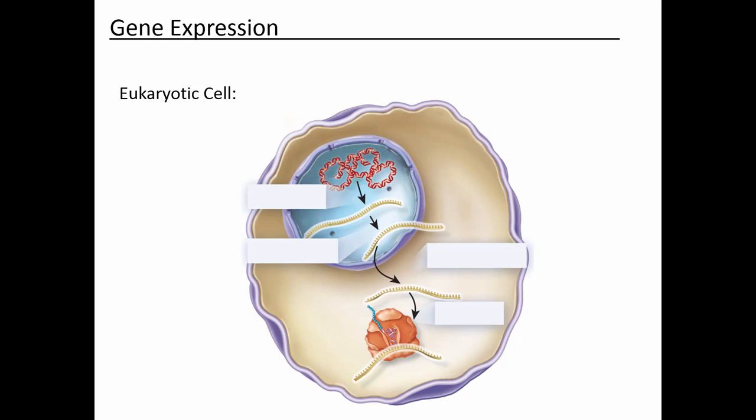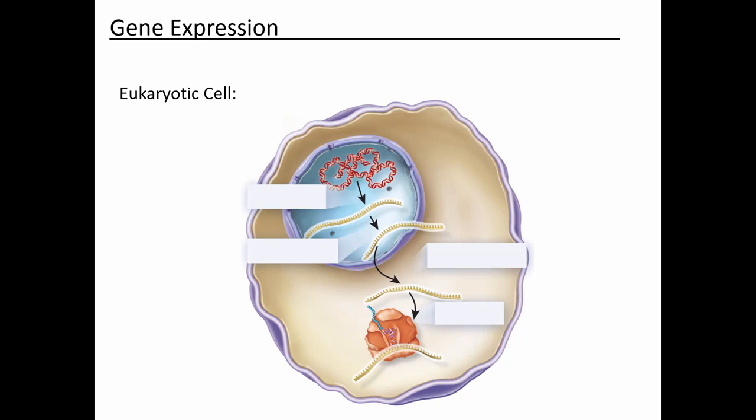That doesn't happen in eukaryotic cells. Another reason is this additional step of RNA processing. The RNA that you actually produce is not the same as the RNA molecule that's going to be translated, and we'll see how it's different. That process also has to take place before the RNA molecule can be translated.